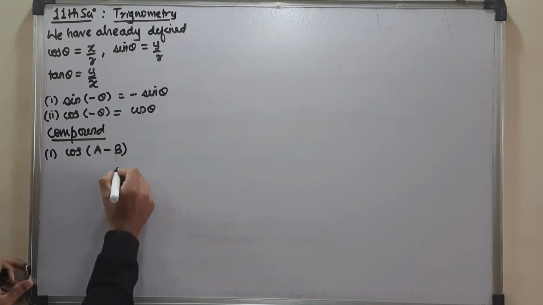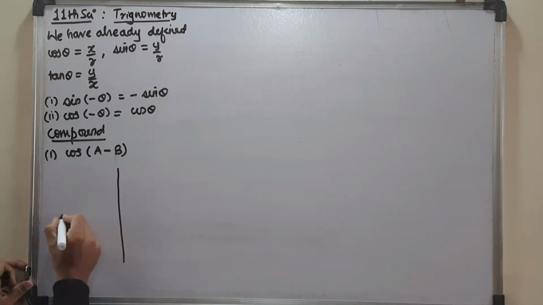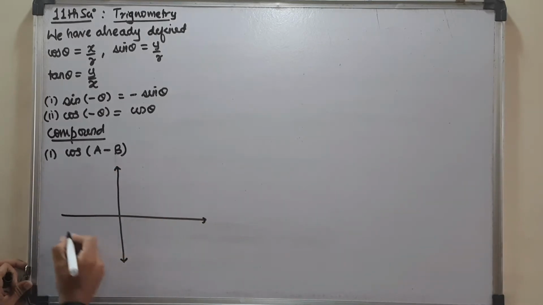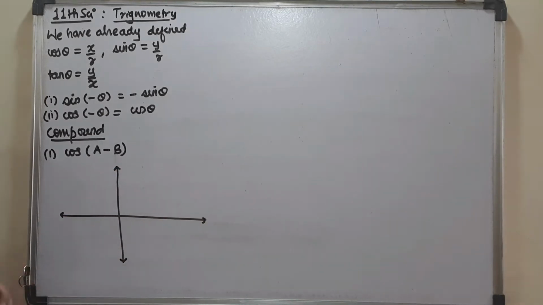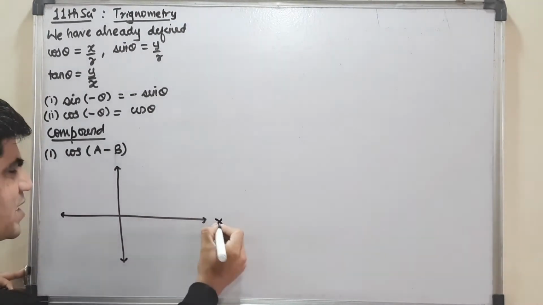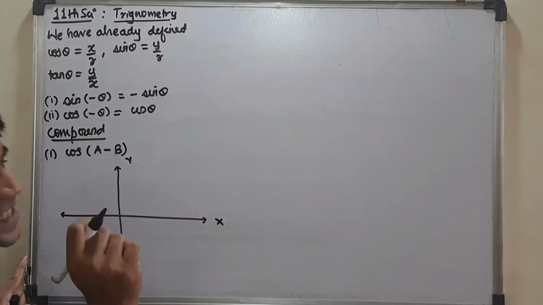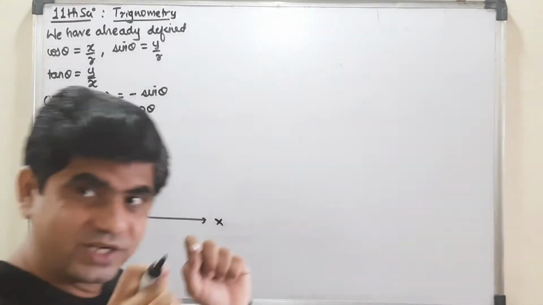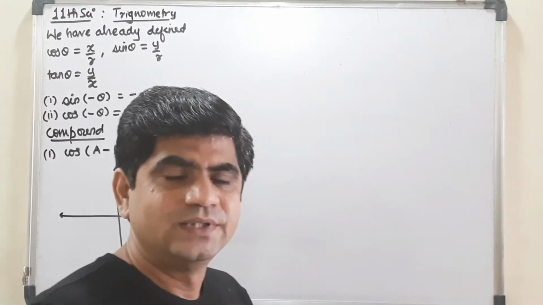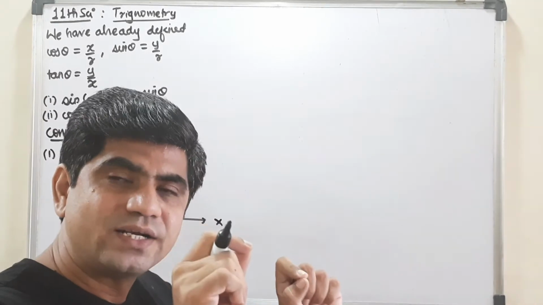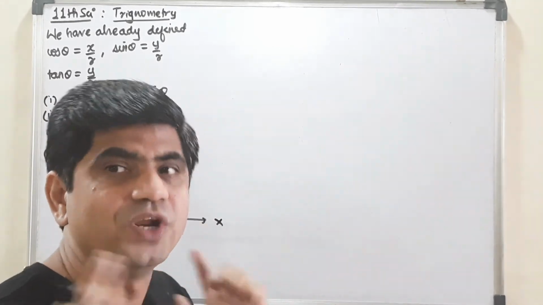Let me take initially your two-dimensional x and y axis. Obviously you know this is your x axis and this is your y axis. I am drawing a circle which is standard. I have told you what a standard circle is: a circle which has its center at the origin.